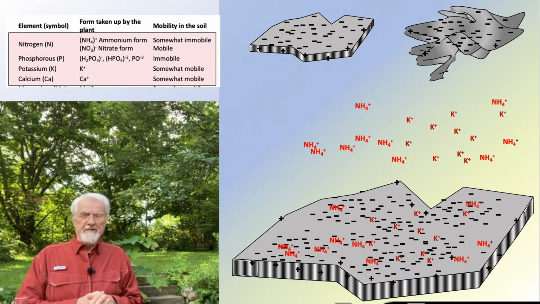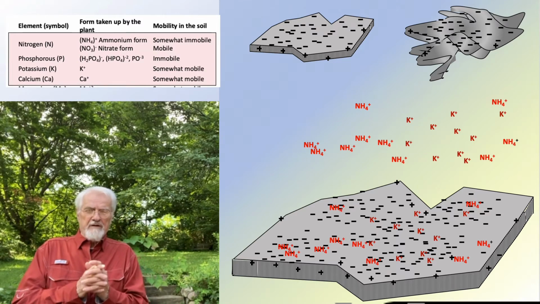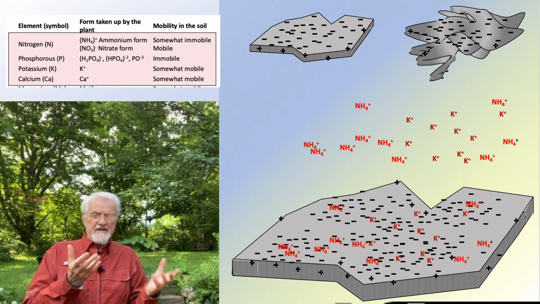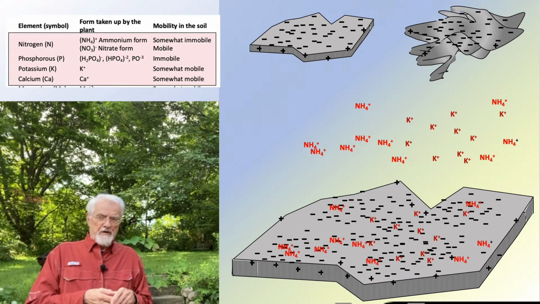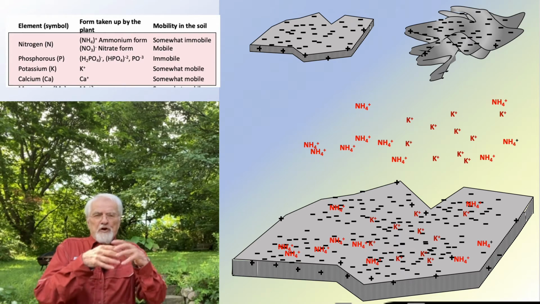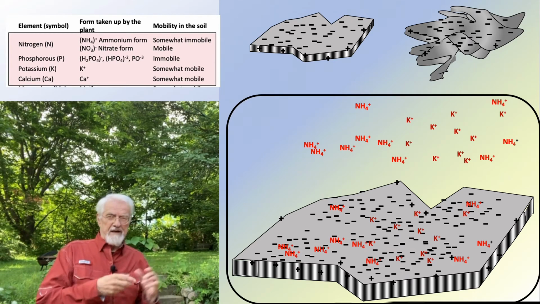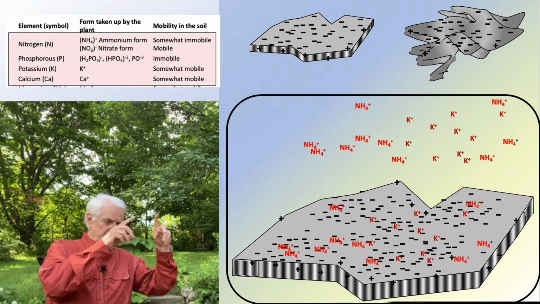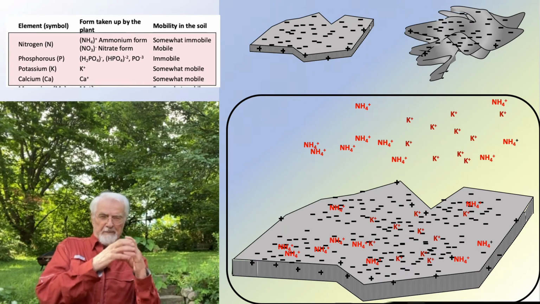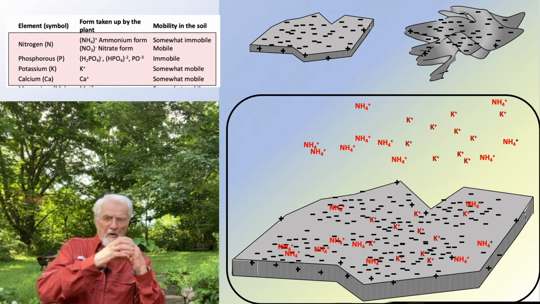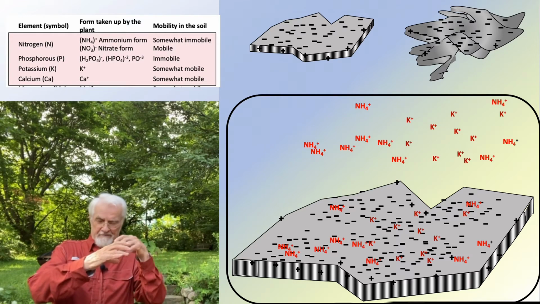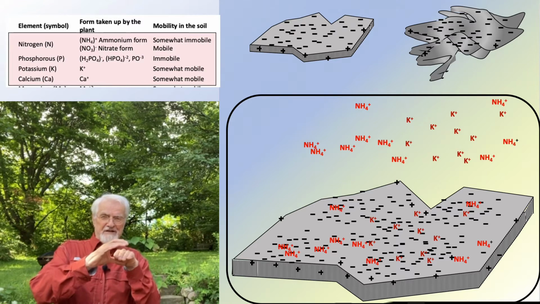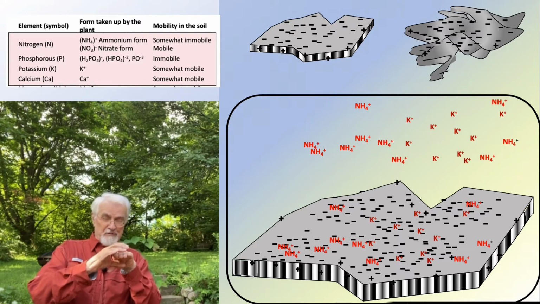Now, the way this happens, and this is a really important point, is that things tend to go to equilibrium at a local level, at least. Let's suppose that little picture there is a little piece of the soil solution that you could have control over, and you put a piece of clay in there which is charged.